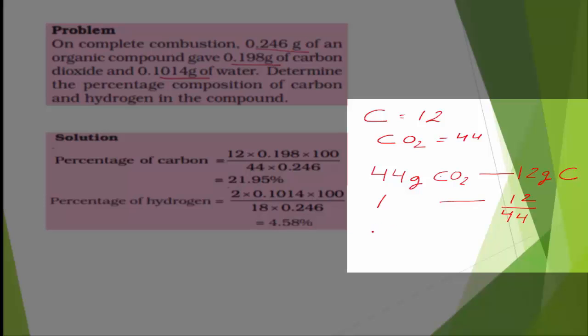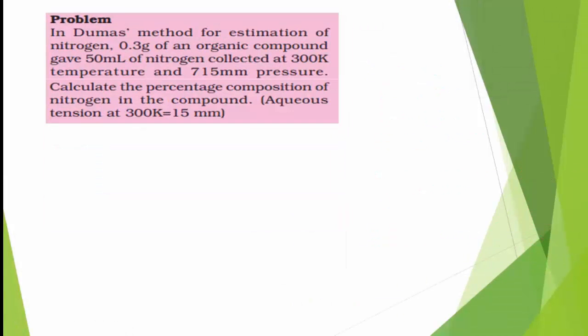So in 0.198 gram, how much carbon will be there? 12 divided by 44 into 0.198. So this much is the amount of carbon present in the sample.